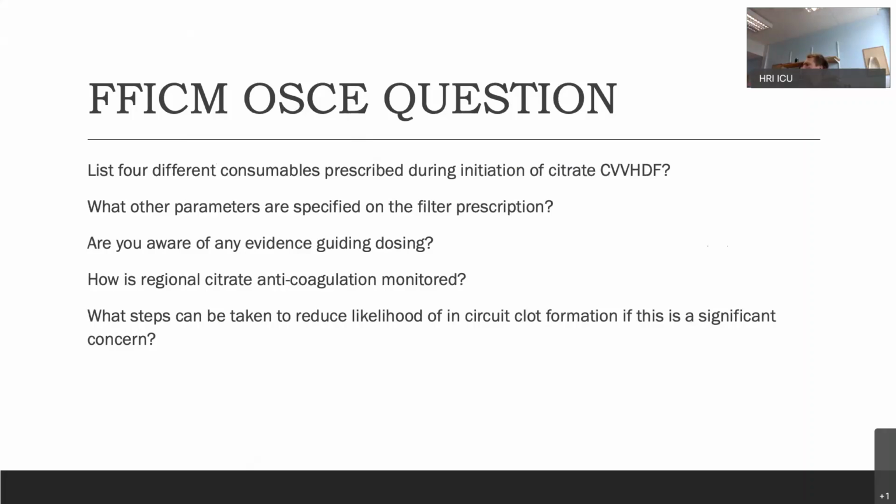Is anyone aware of the actual study? We'll talk about it a bit later. So the RENAL trial looked at high dose versus low dose dialysis, and whether there's any mortality benefit in ICU. We'll talk about that in a moment, but it indicated that there was no real benefit from running really high flows compared to 25 mils per kilo.